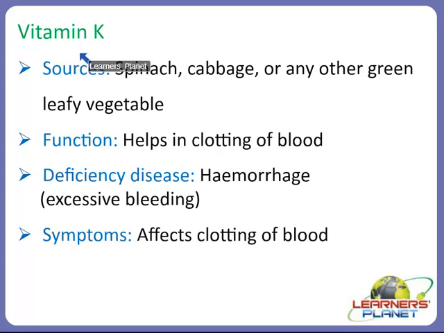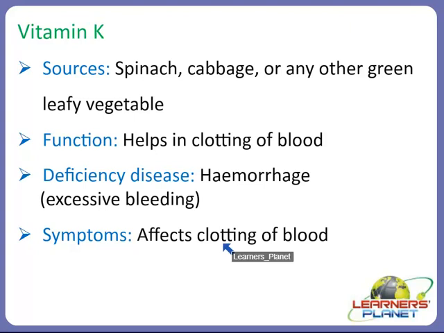But if it is not present in our body, then the deficiency disease which can occur due to the lack of vitamin K is hemorrhage, meaning excessive bleeding can take place when we are suffering from any severe injury, right? The symptoms are that it affects the clotting of the blood, meaning clotting will take place but in a very slow manner if there is less vitamin K in our body.